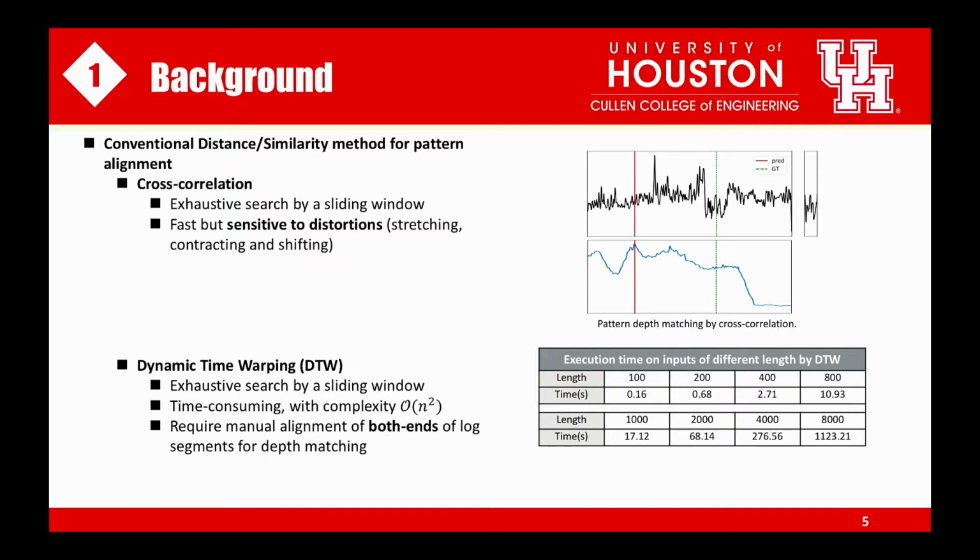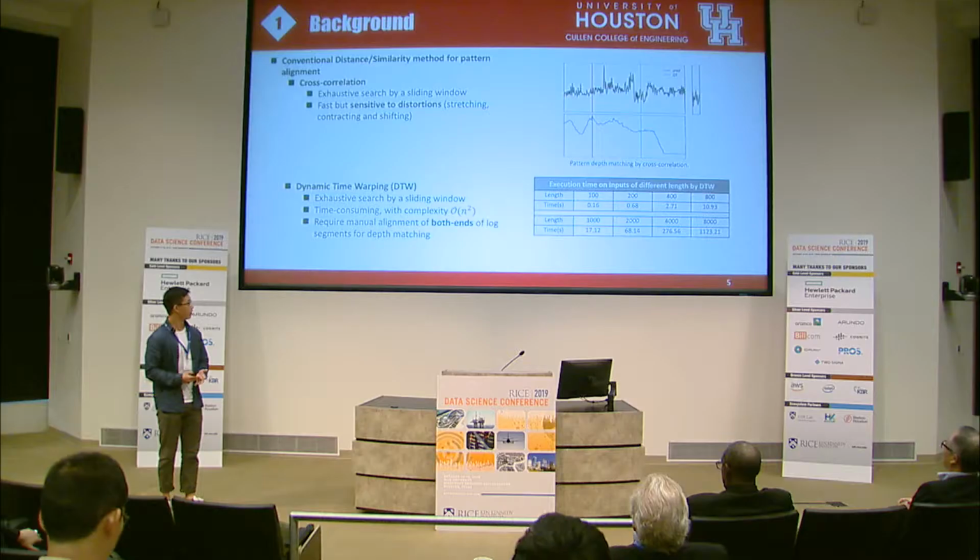We present some conventional methods to do this. Cross-correlation is one of the conventional methods that can be applied to align two patterns of two time series. However, when there exist large distortions or shiftings, the accuracy of this method can be very low.